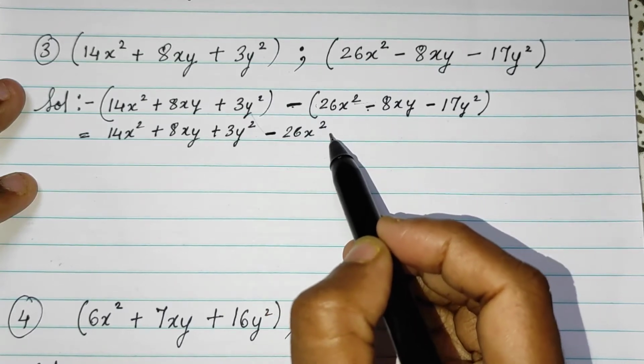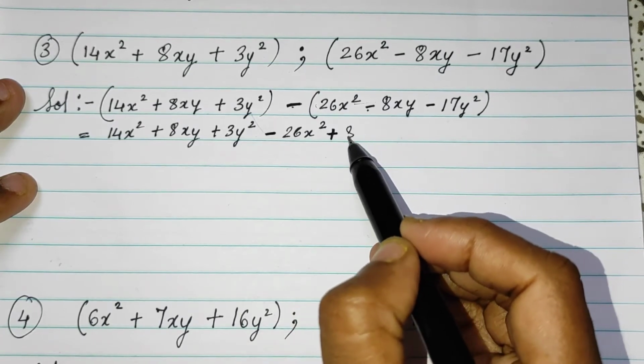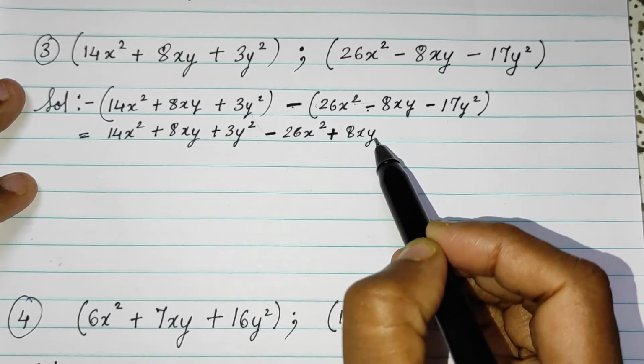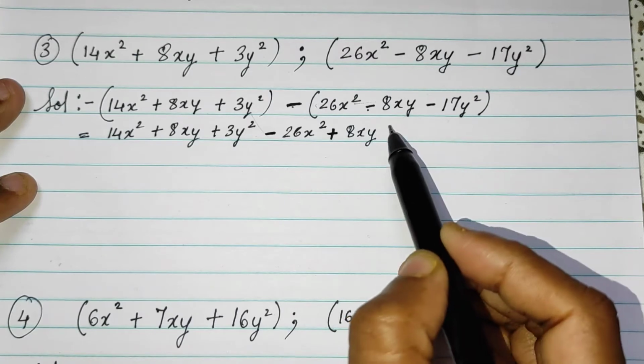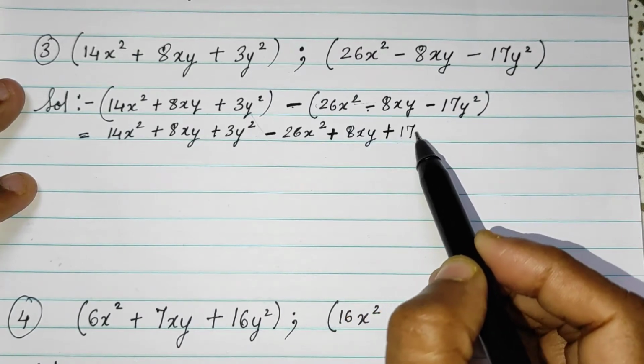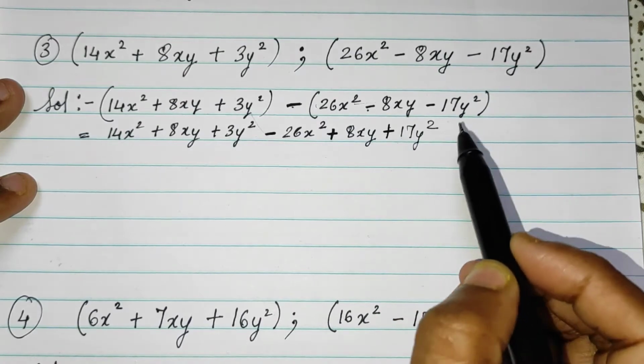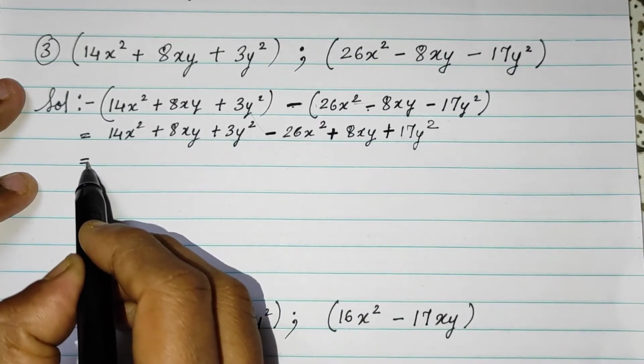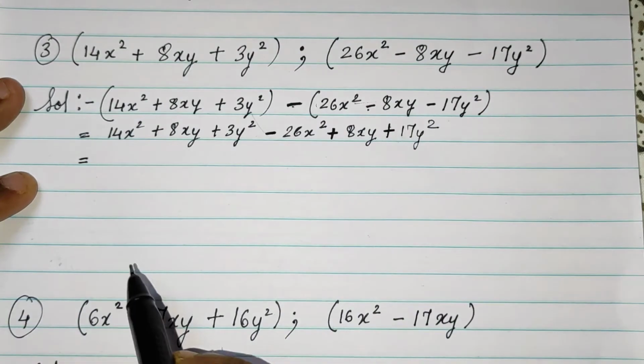Minus into minus plus 8xy, minus into minus plus 17y square. Okay. So now what is our next step?